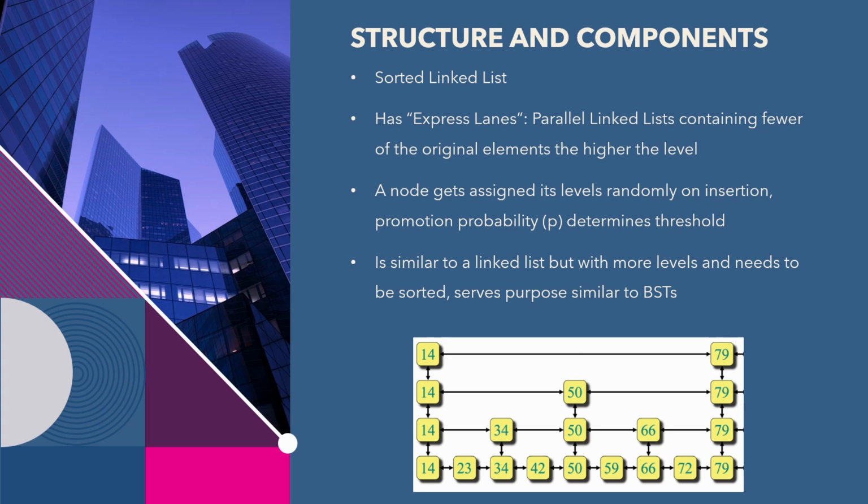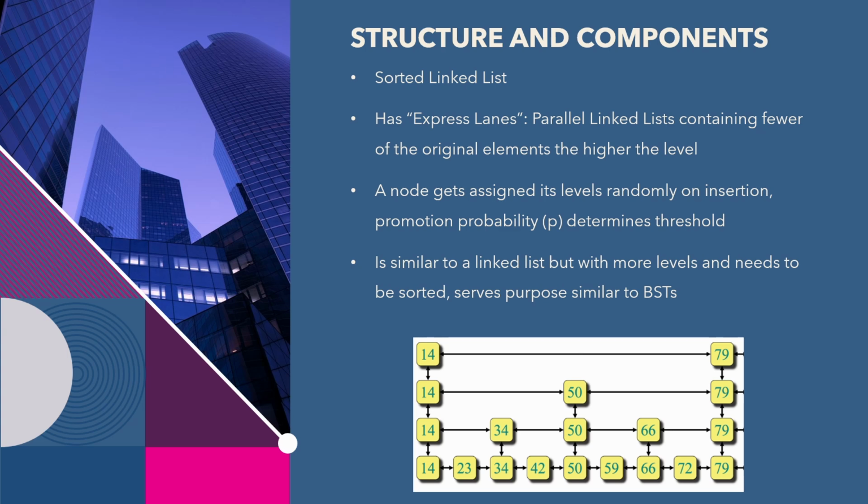When a node is inserted, it randomly gets assigned the amount of levels it's going to be on via the promotion probability variable P, which is the threshold of that. So basically, when it's inserted, a node is guaranteed to be on level 0, that sorted linked list. And then let's say P is half, then it's basically like a flip of a coin.